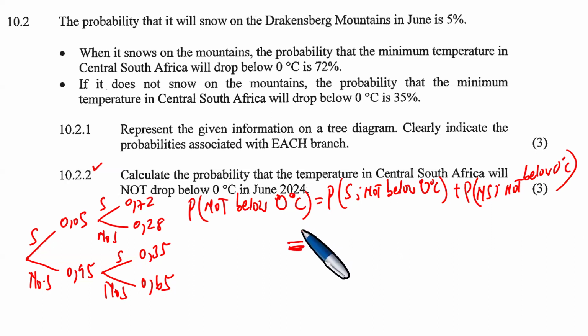All right. So at this point, then, what is the probability that it snows? Probability of snow is 0.05 times the probability of not below 0 degrees. When it snows on the mountain, the probability that the minimum temperature in central South Africa will drop below 0.